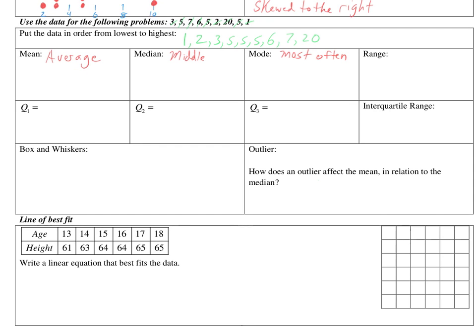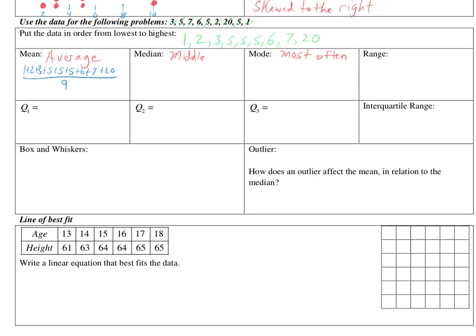Okay, how do you find the average? Well, do you remember to find the average, you add them up and divide by how many? So what we're going to do is add all those numbers up, which is kind of annoying. 1 plus 2 plus 3 plus 5 plus 5 plus 5 plus 6 plus 7 plus 20. And how many numbers did we say we had? 9.